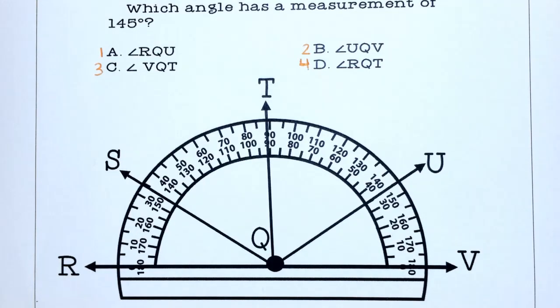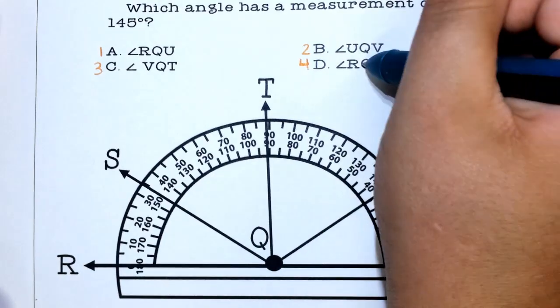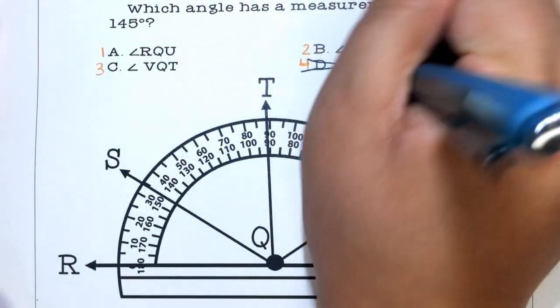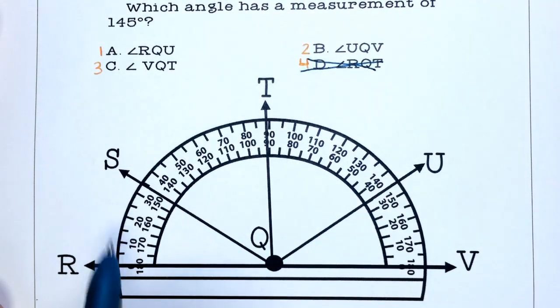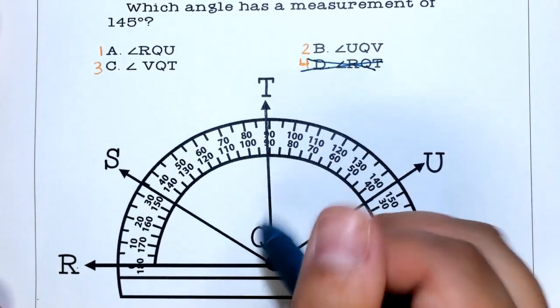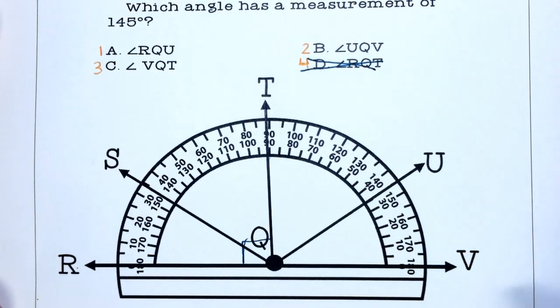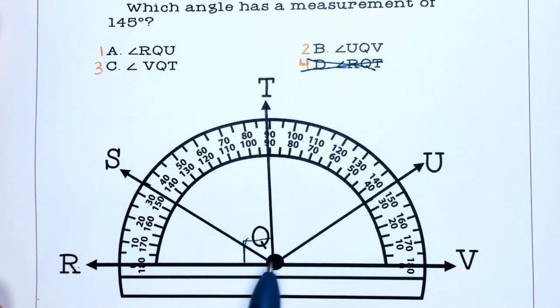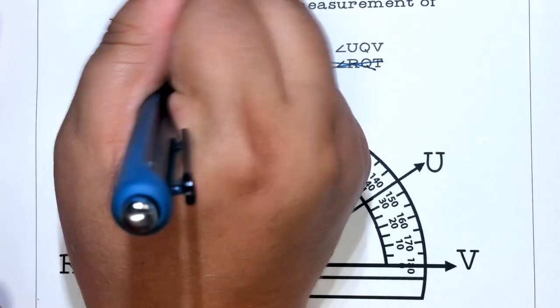Now, why is it not RQT? Why did nobody show me 4 fingers? RQT is what? That's 90 degrees. Is that going to be my answer? No. And actually, VQT is the same thing, just the other way. Do you agree? So both of those are wrong.